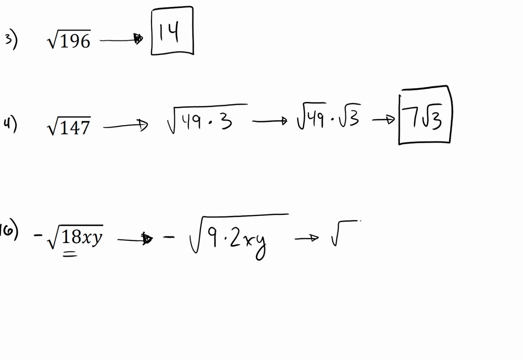I can break this up as the square root of 9 times the square root of 2xy. The square root of 9 is 3, so I can write this as 3 times the square root of 2xy. The variable parts weren't perfect squares, so they're going to have to stay there.